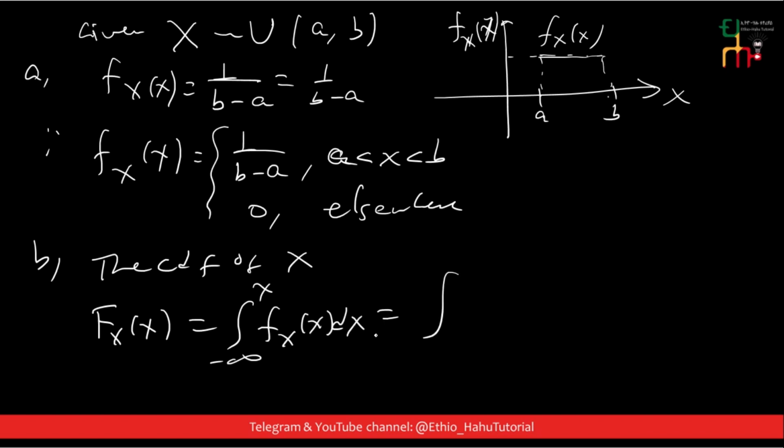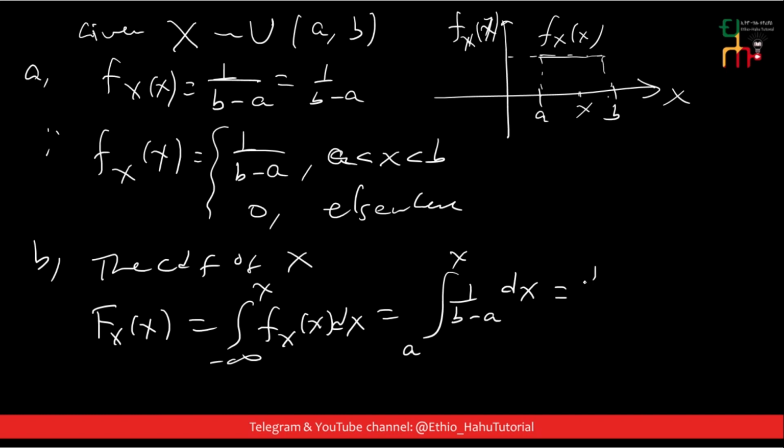In this case, x is somewhere between a and b. From negative infinity to a, the probability density function is 0, so it is nonzero only from a. So it is the integral from a to x of 1 over b minus a dx.